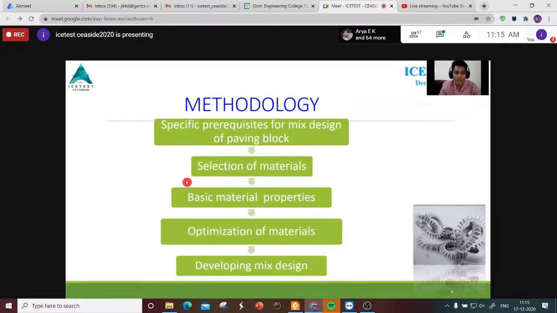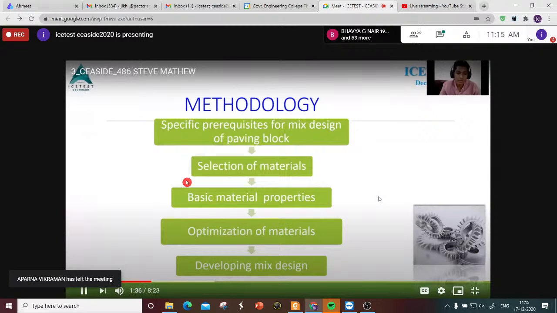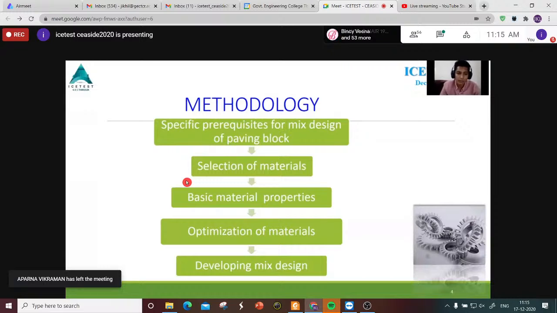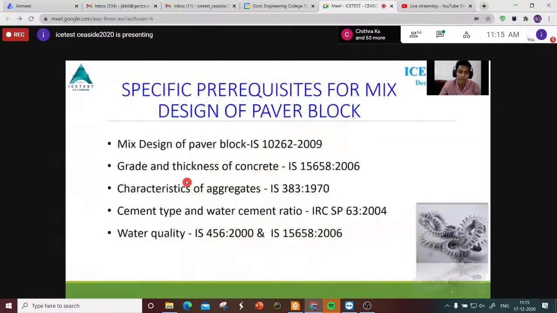Based on the selection of materials, a study of basic material properties for the selected materials. By considering the principles of packing density method, optimization of materials, and finally, developing mix design using packing density method.